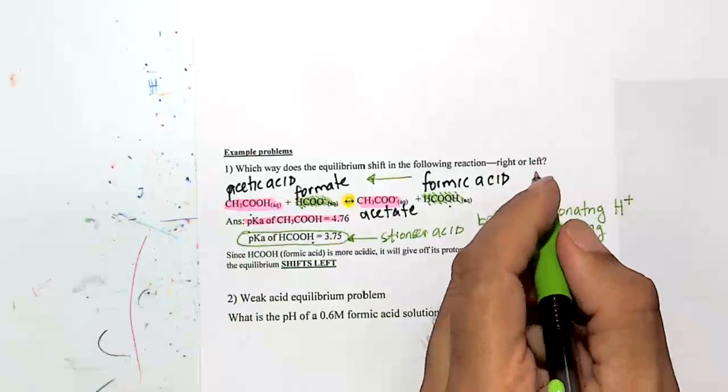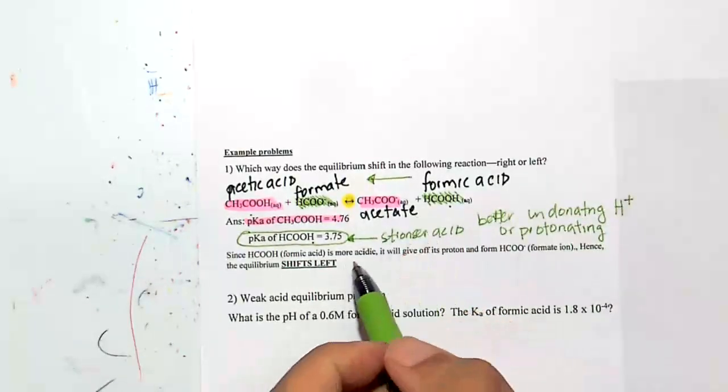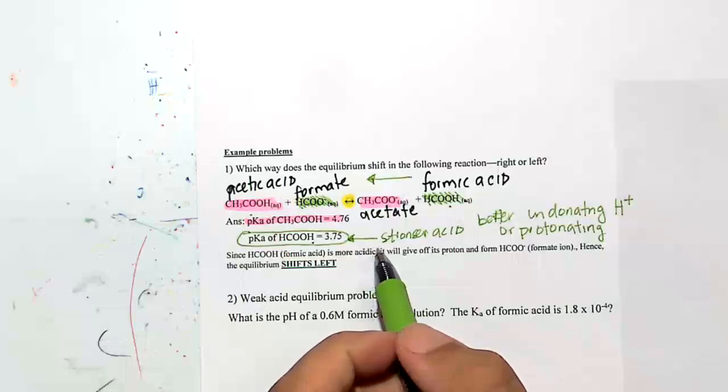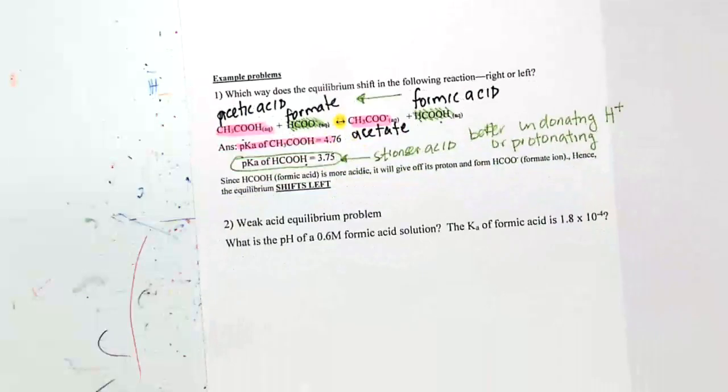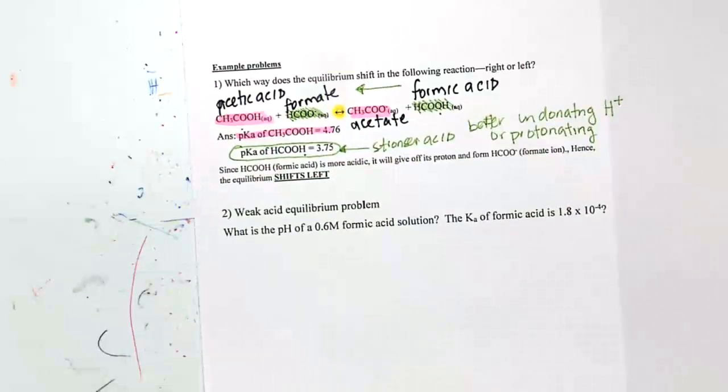So you're right, Maria, very nice. This is going to shift to the left, okay? Higher Ka, low pKa. This is the best acid. All right, we did a weak base problem. Let's do a weak acid problem to round out this chapter.